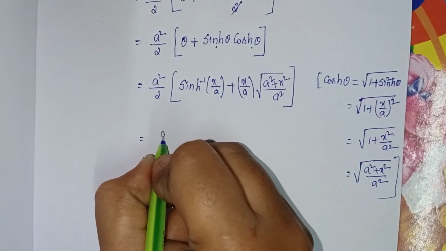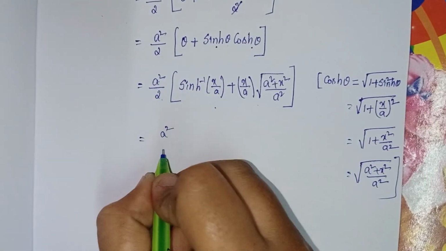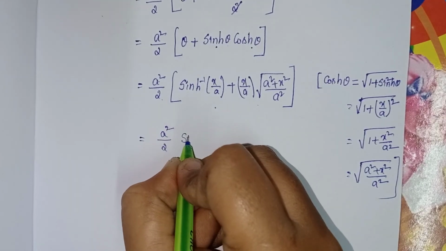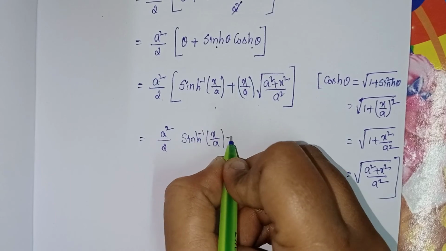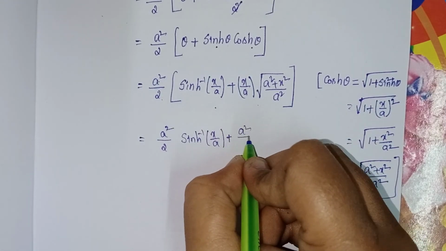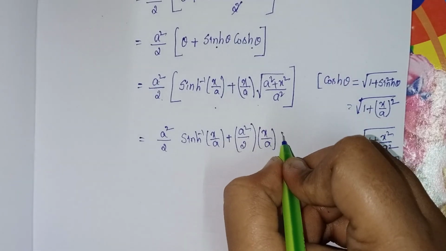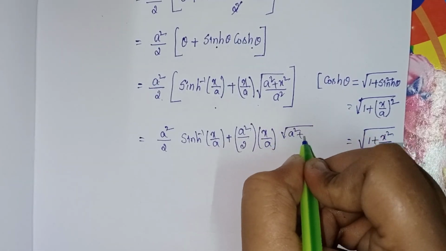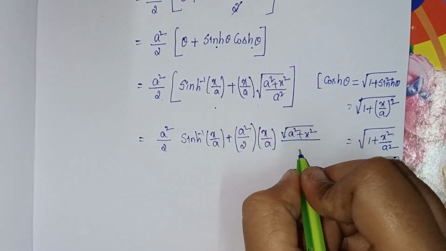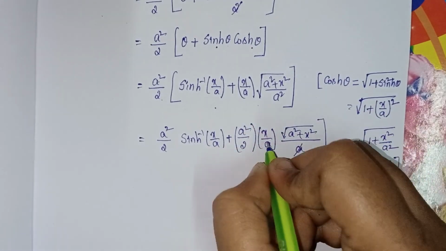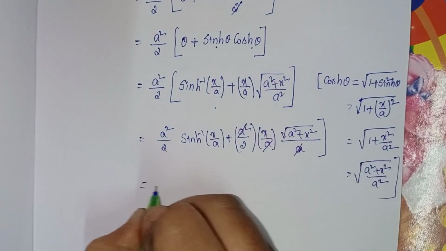Now multiply with a square by 2 for these two terms. A square by 2 into sinh inverse of x by a plus a square by 2 into x by a into square root of a square plus x square by square root of a square, which is a. So a square gets cancelled.